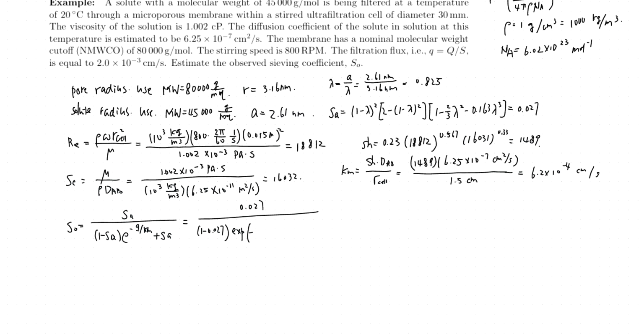Minus Q. Q is given, 10 to the minus 3 centimeter per second, divided by the Km, and then plus... okay, it gives us a number.